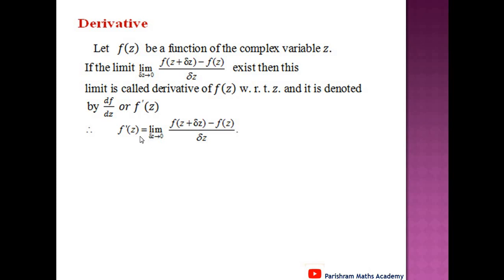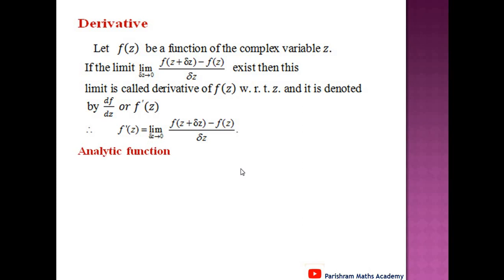Therefore f dash of z equals the limit as delta z tends to 0 of f of z plus delta z minus f of z upon delta z. The value of the limit is nothing but the derivative of the function f of z with respect to z.